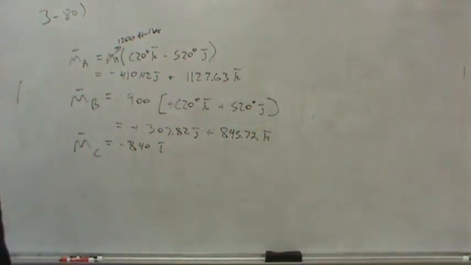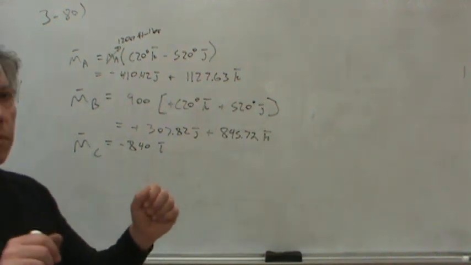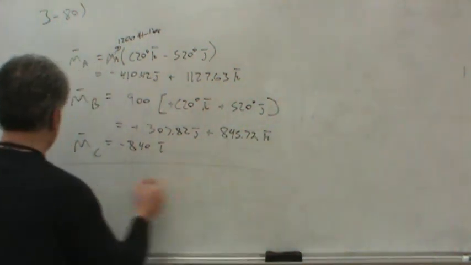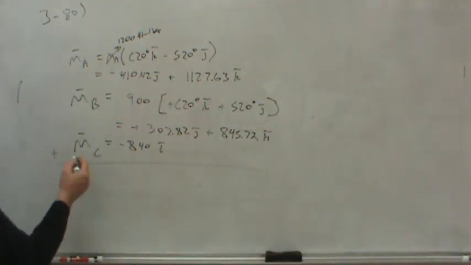And so now, an equivalent couple or equivalent moment, they say specify a single equivalent couple, and they're using the term couple and moment interchangeably. They're not trying to get us to calculate some force at some distance, okay? The equivalent couple would simply be the sum of these. We just need to add them together. That's easy.